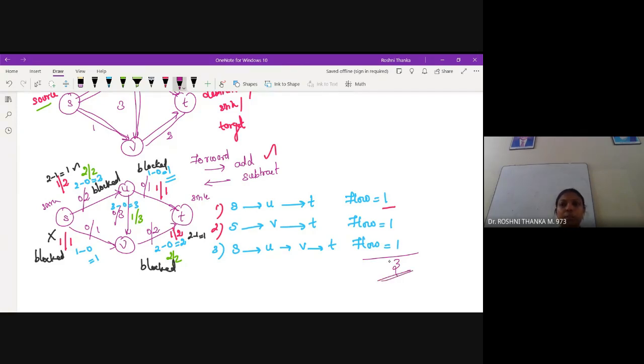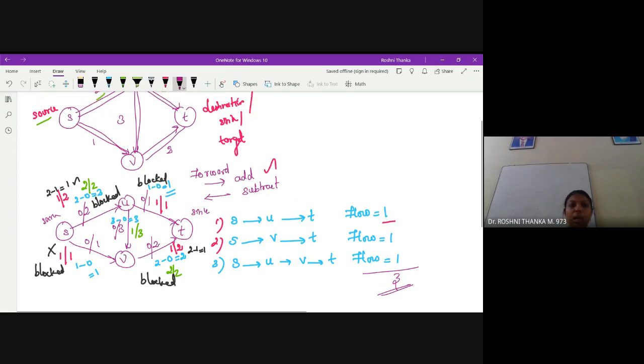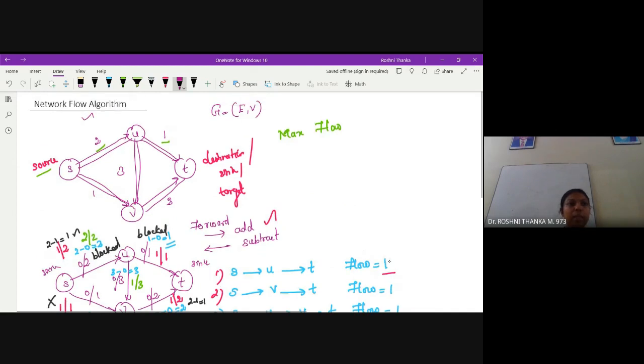This is the flow we can send at a time from the source to destination, which means 3 volume of data can be sent through these 3 different paths at the same time. So I can reach from S to T, and through these paths I can send 3 volume of data. That is the meaning.